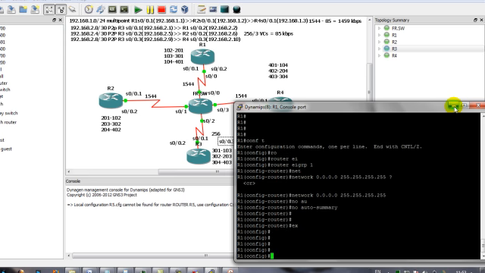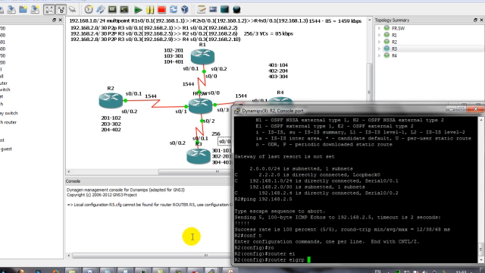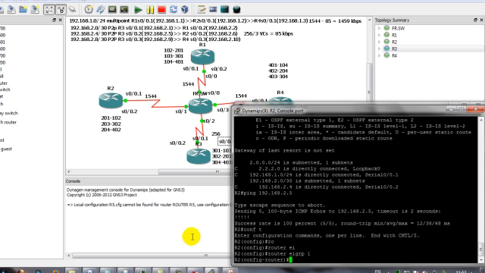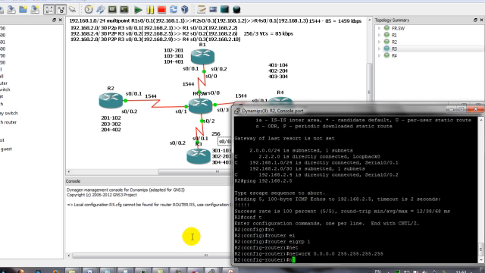Now go to Router 2. Conf t, router eigrp 1, network 0.0.0.0 255.255.255.255, no auto-summary.